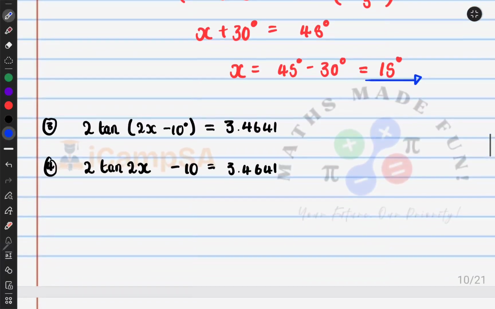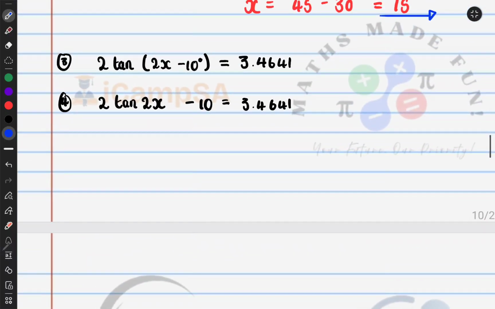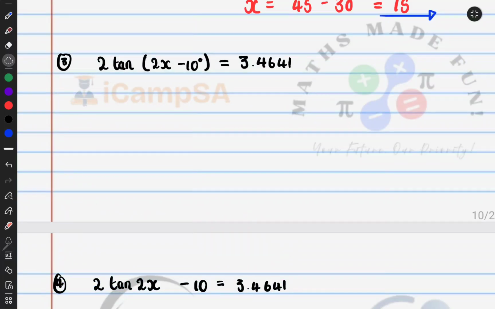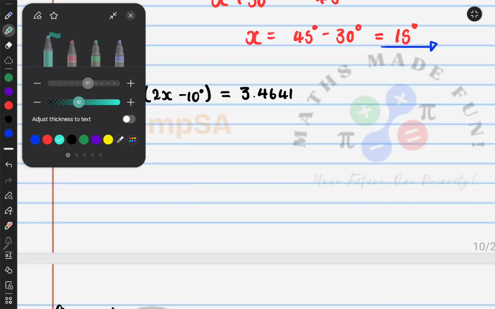Okay, and then next let's do number 3. For number 3, we have 2 tan (2x minus 10).